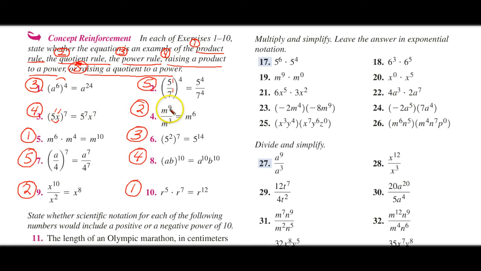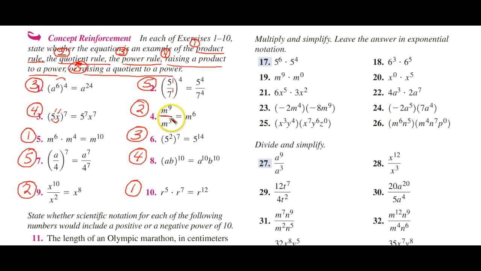Here we have a fraction with exponents. What rule do we use? Well, it's the quotient rule, where we take the smaller number, crosses the division bar, and the sign of the exponent changes.